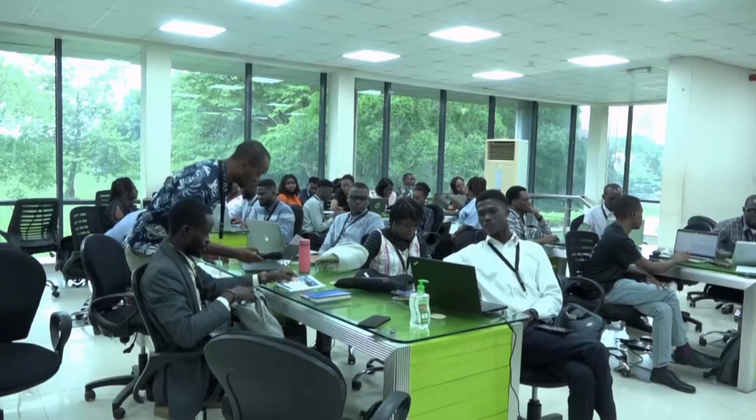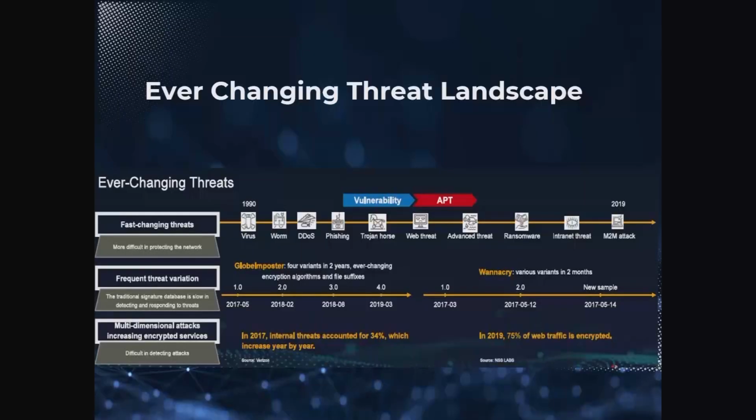All right. And in 2 months, WannaCry had 3 variants. 3. That means rapid changes. Even our applications, do they get updated or renewed that fast? I'm painting a picture here.